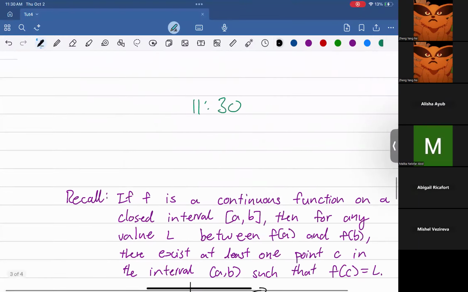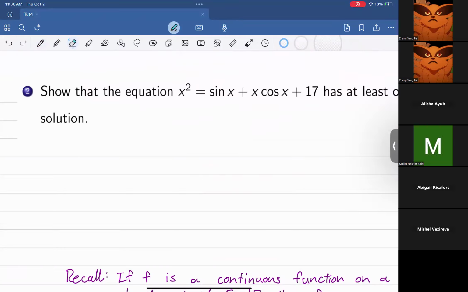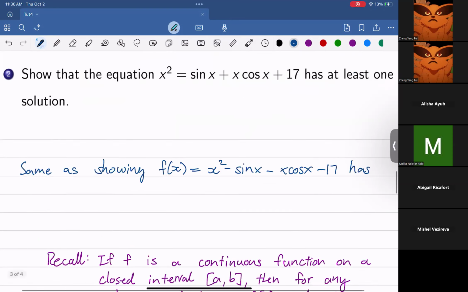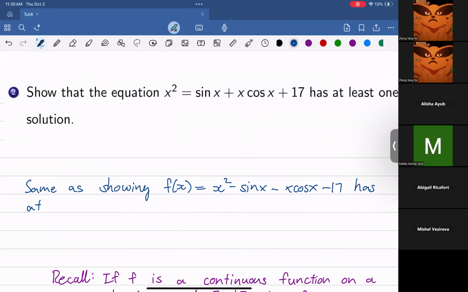So we want to show that this equation has at least one solution. Showing that this has at least one solution is the same as showing that if we define a function, say f of x is equal to x squared minus sine x minus x cos x minus 17, it has at least one root.